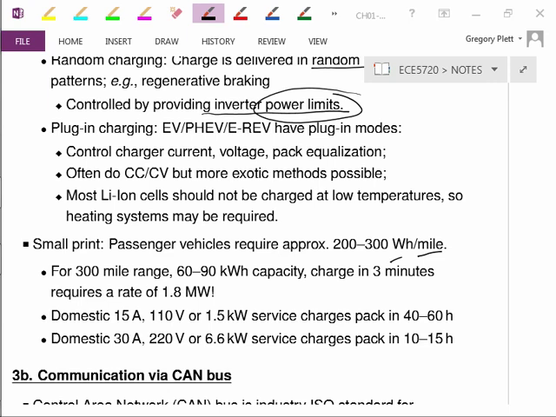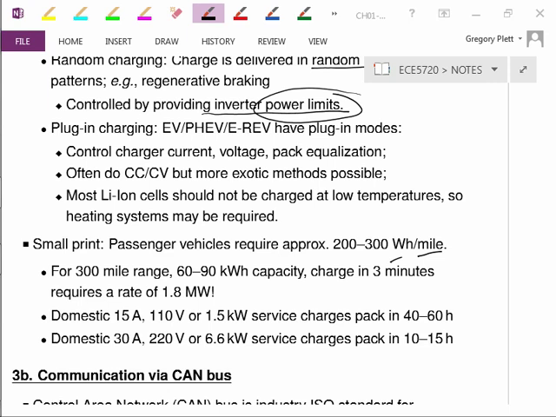Yes, it's technically possible, but you're going to require either extremely high voltages or extremely thick wires to carry that kind of current, and you're probably not going to be able to lift the cable. So it's not feasible at this point to even think about charging in 3 minutes, although 15 minutes might be getting close to something that's actually pretty feasible to do in a fast charge situation. So we're not too far away, but 3 minutes is a little bit unrealistic, I think.